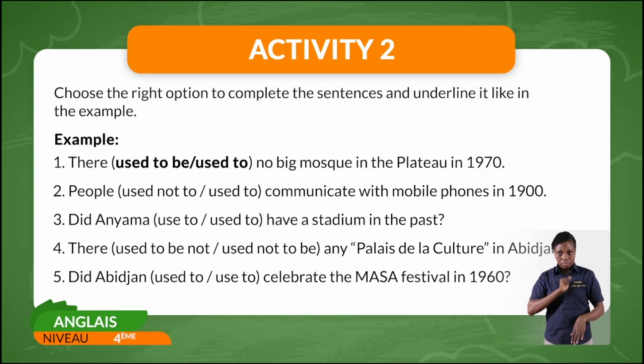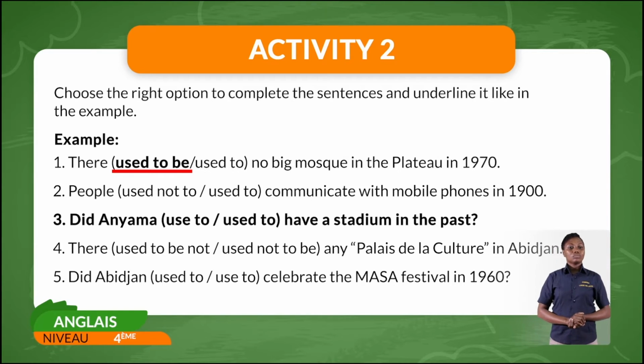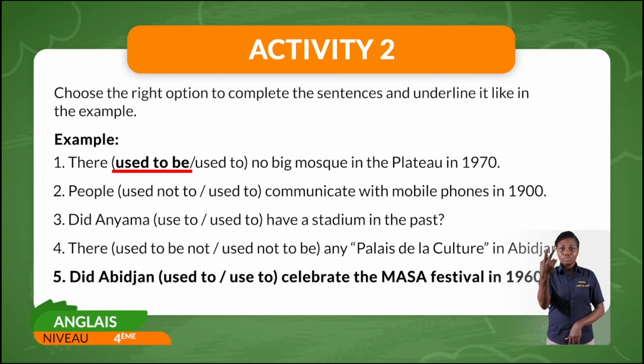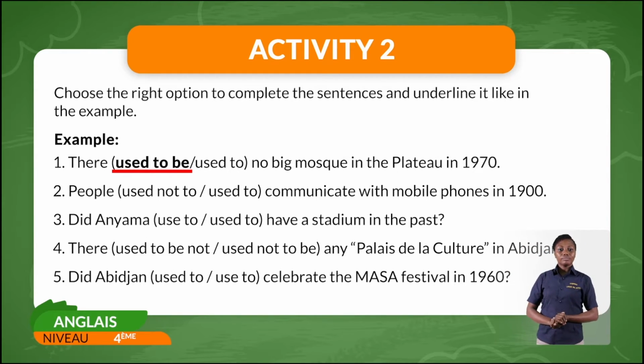So what is the correct answer? Number 1, they used to be, because in the second option there is no verb. So after used to, you have to put a verb. Perfect. Number 2, number 3, number 4, and number 5 is over to you to complete them.